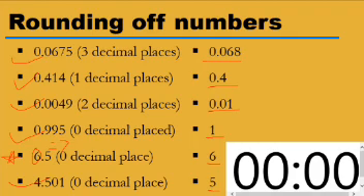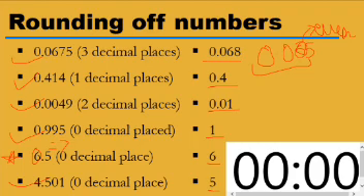So suppose we have a number 0.065. You may say that the answer should be 0.07 if you round it off to two decimal places. You may say the answer is 0.07, but it's not that. Why is it not that? Because 6 is an even number, and whenever there is an even number before 5, it will not change.